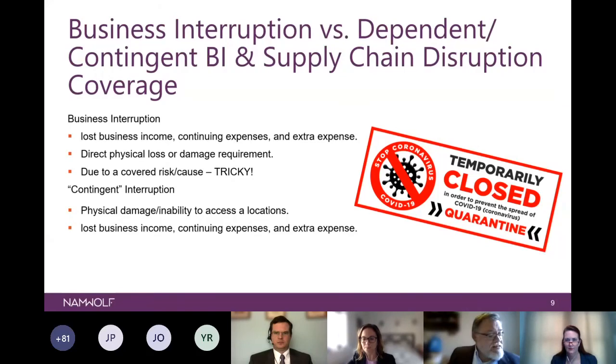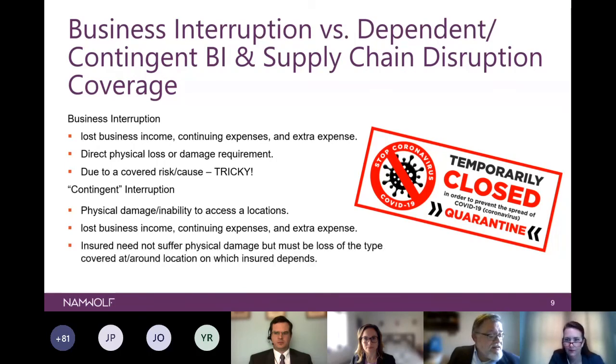It varies, and it's very important to look at the conditions in these policies to see whether there is some temporal or some spatial limitation on what can count as a contingent business. As with traditional business interruption coverage, the loss that's covered is lost business income, the continued expenses of maintaining operations, things like rent and payroll, and then the extra expenses of maintaining operations in light of the interruption.